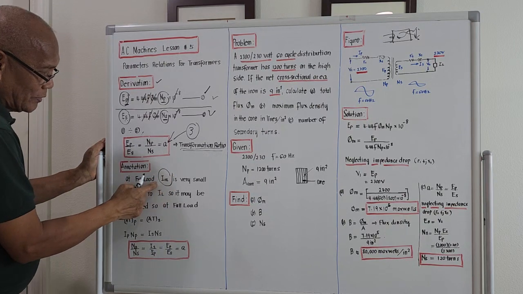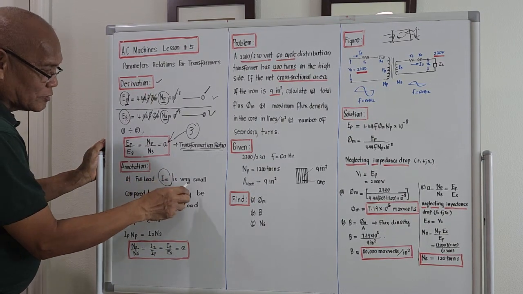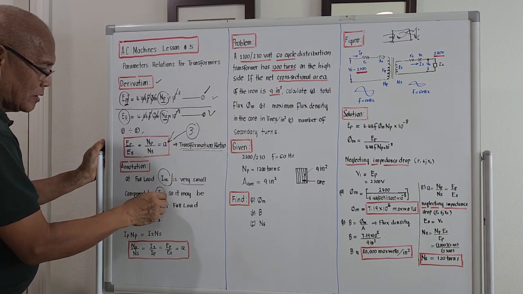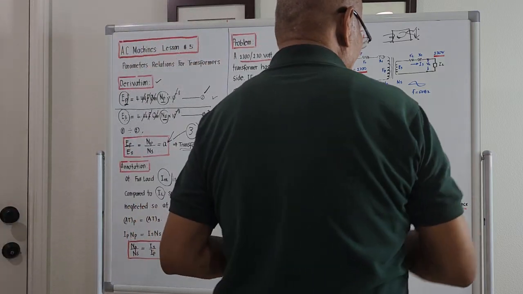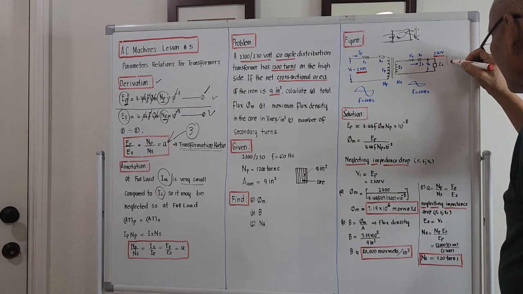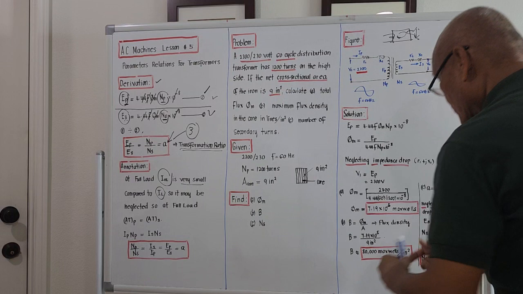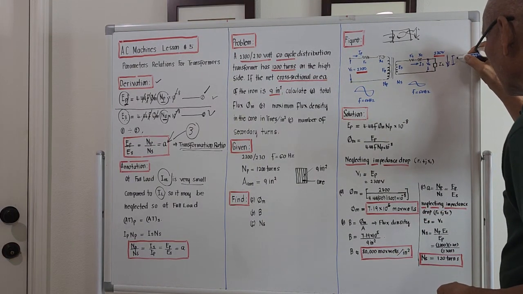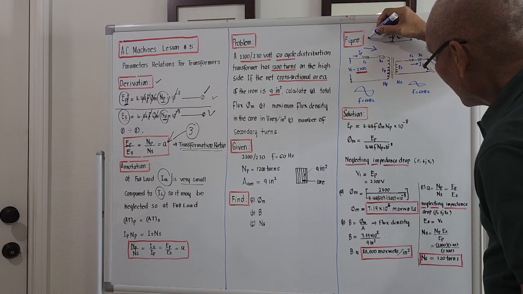Capital letter I with the subscript NL, meaning no load current, is very small compared to I sub L. What is I sub L? I sub L is the current drawn by the load. This is I sub L. I no load is here.